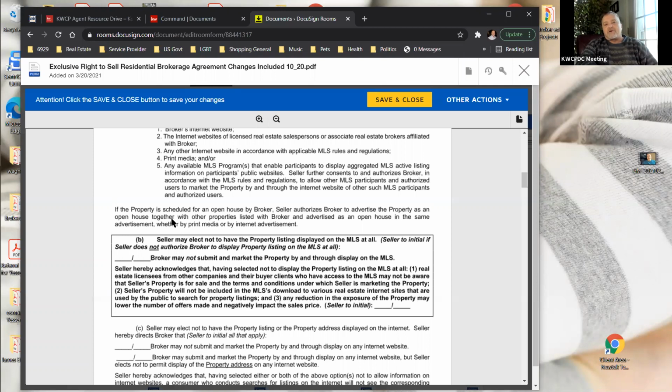So it was a very uncomfortable situation for this seller, and she had to decide whether or not she actually really wanted a public open house or not. So it was a conversation that she and I had to have, and I had to dive into where her concerns were in order to address her concerns.